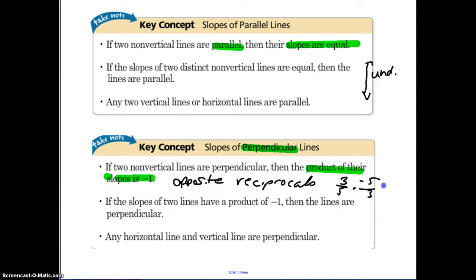If I multiply these, I get -15 over 15, which is -1. If the slopes of two lines have a product of -1, then the lines are perpendicular. So that's just our converse. And any horizontal line and vertical line are perpendicular.